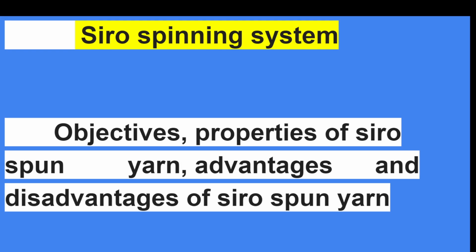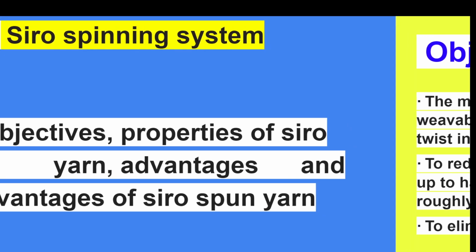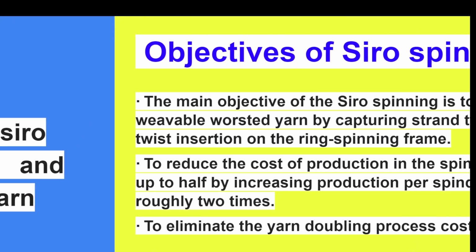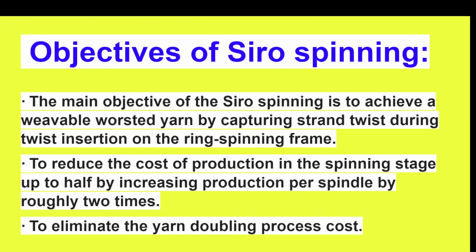When it is used in the weaving process, due to abrasion of the yarn, the fibers of the yarn come out and end breakage happens on the loom. Guys, now I will tell you about the objectives of the Siro spinning process.